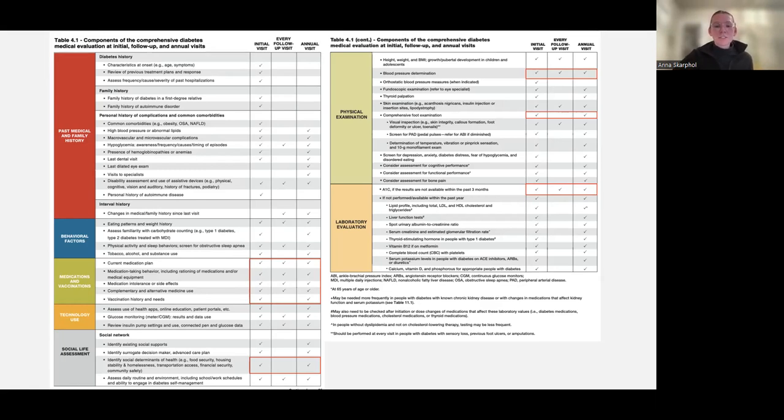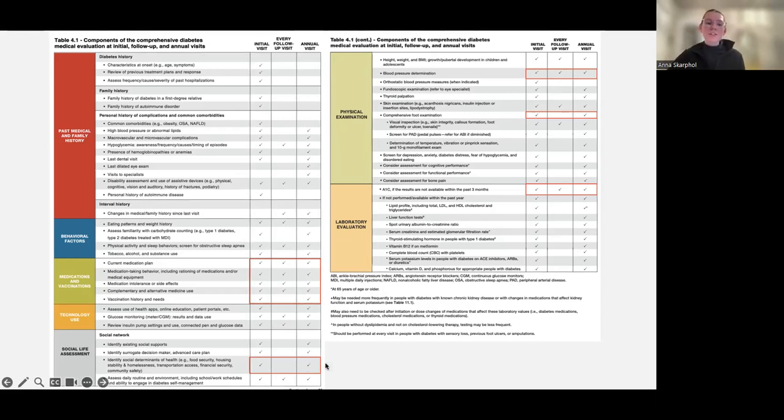And some things are also assessed at every visit. And so if you look there, their current medication plan, medication intolerance or side effects, those can be assessed at every visit. And those are great questions you can ask in a community pharmacy setting as well. Just asking them how their medications are going, maybe how their Ozempic titration is going, or things like that. We can assess all the time.